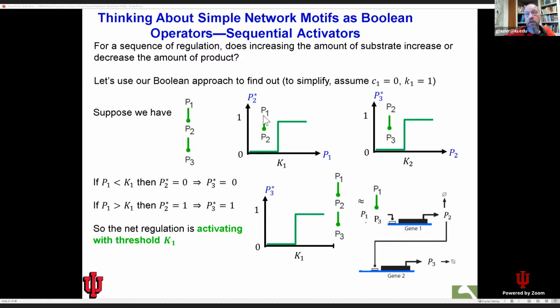Suppose even when P2 is turned on, its value is less than K2. Then no matter what I do with P1, I never turn on P3. Similarly, suppose the basal rate of production of P2 were bigger than K2. Then this minimum would push me to the right-hand side of K2, and P3 would always be turned on no matter what the value of P1.